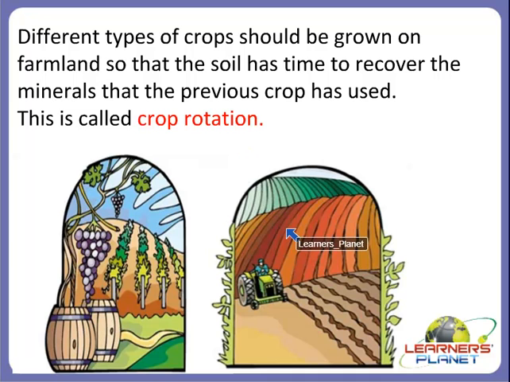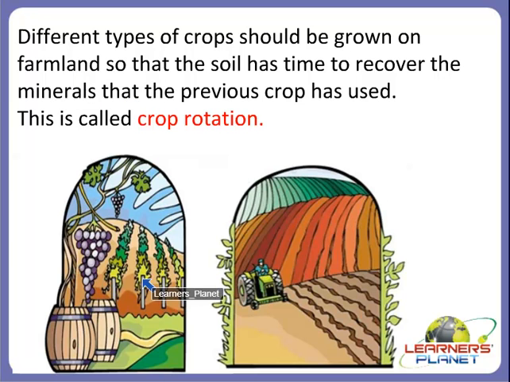Right? So have you got it? Yes, you can see in the picture, many types of plants are grown here, and you can see that there are many layers of soil. So we can grow different types of crops on farmland.